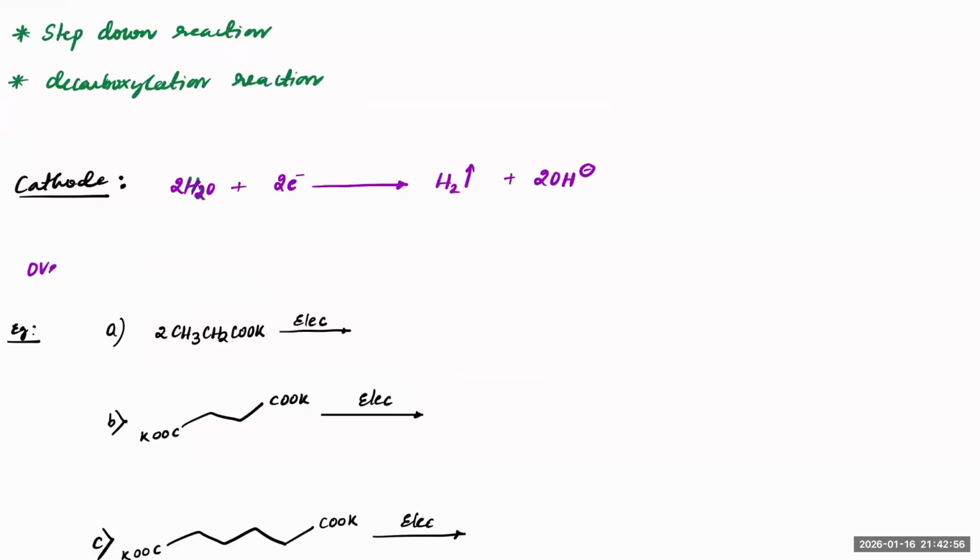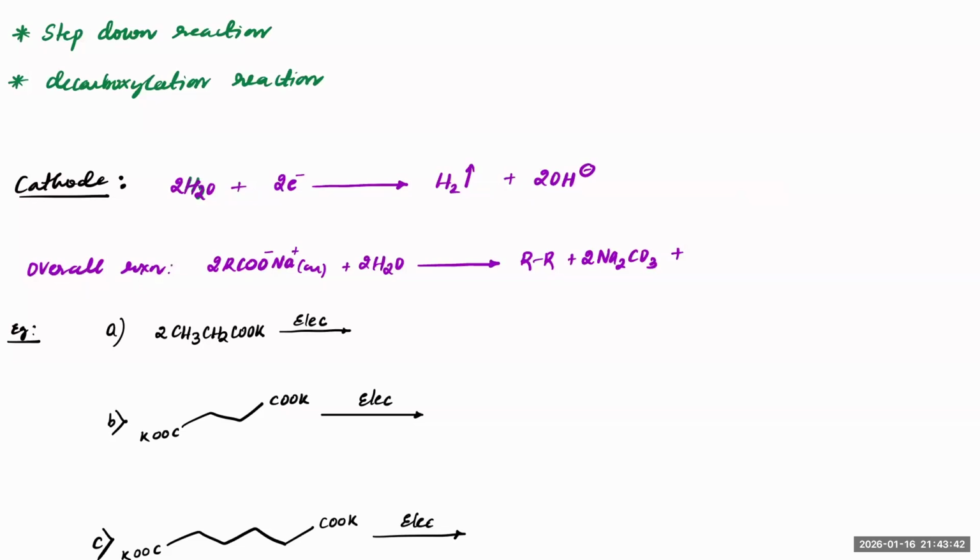And in the overall reaction, you will write it like this: 2 moles of RCOO minus Na plus, in the aqueous solution form, or let me put it as water for our easy understanding, plus 2 moles of H2O will give us R-R plus 2 moles of carbon dioxide, with Na plus and hydroxide converting into Na2CO3, 2 moles.